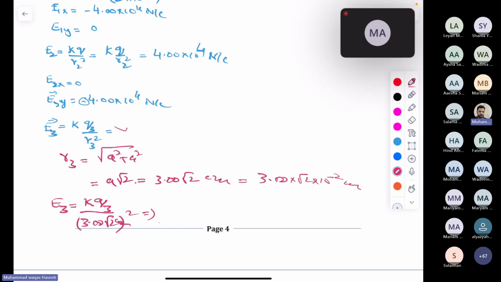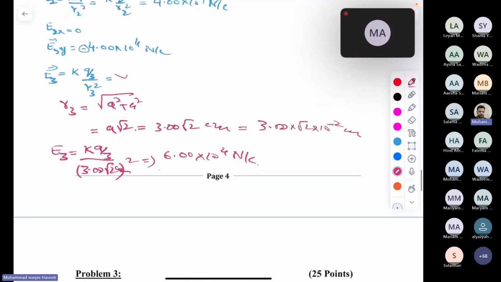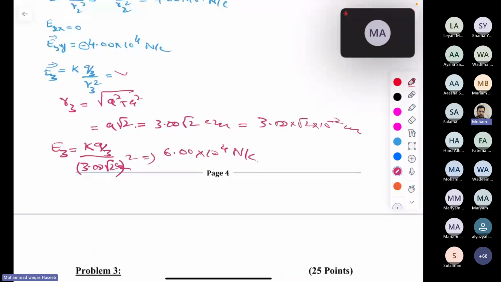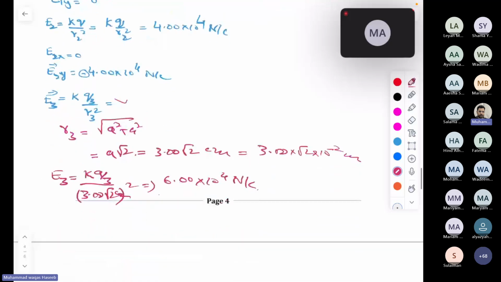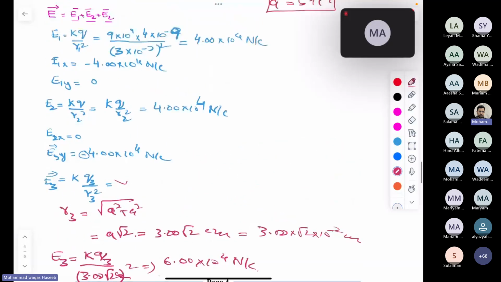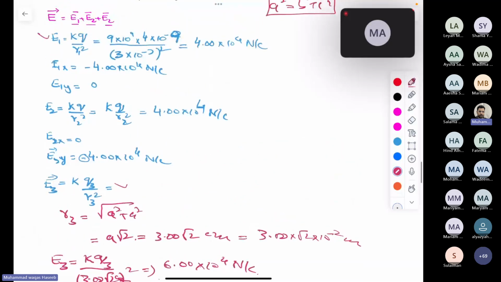So when we calculate the electric field, we get 6.0 × 10^4 Newton per coulomb. So now we have the electric field E1, E2, and E3.